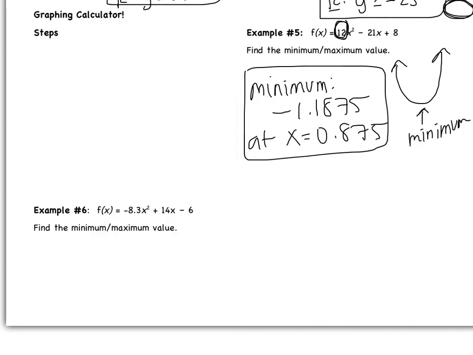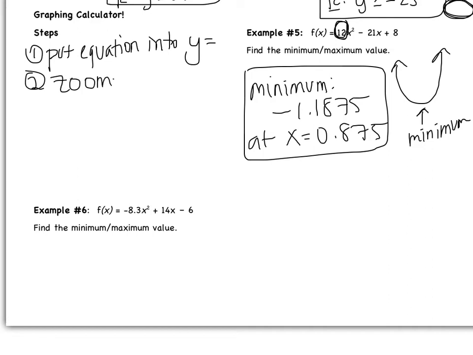Now that we've done the first example, let's write down the steps. So first step is to put your equation into y equals. Second step is you want to hit zoom 6, which is the standard window. Then you want to graph it.